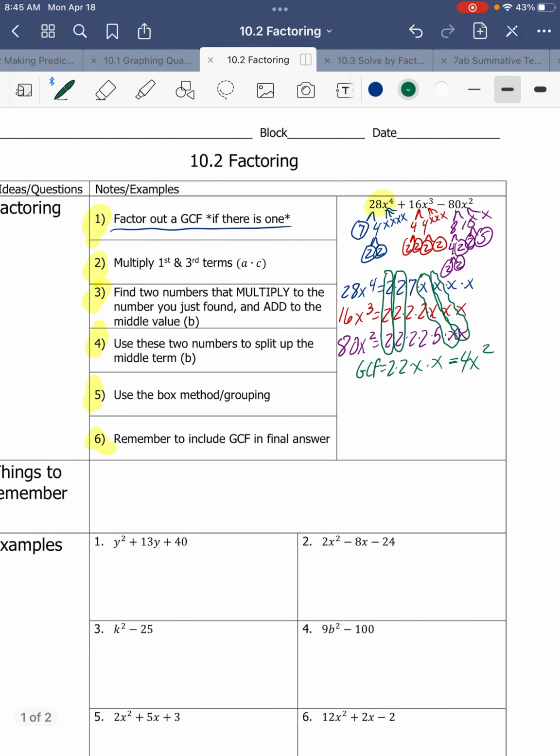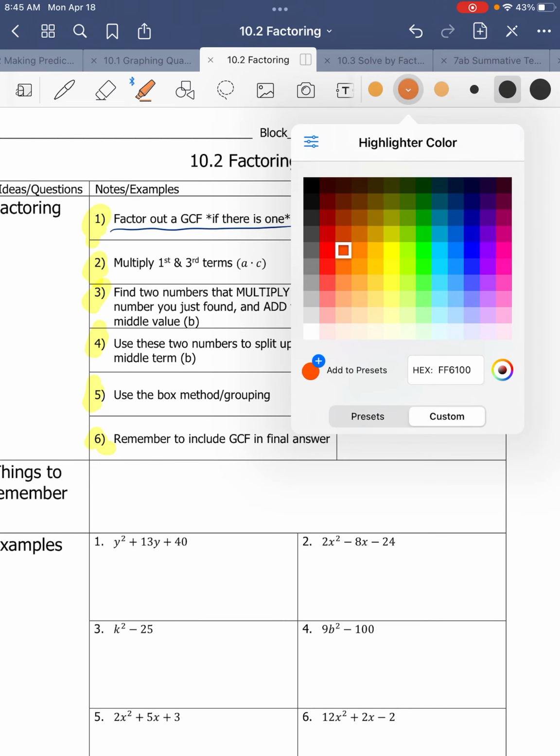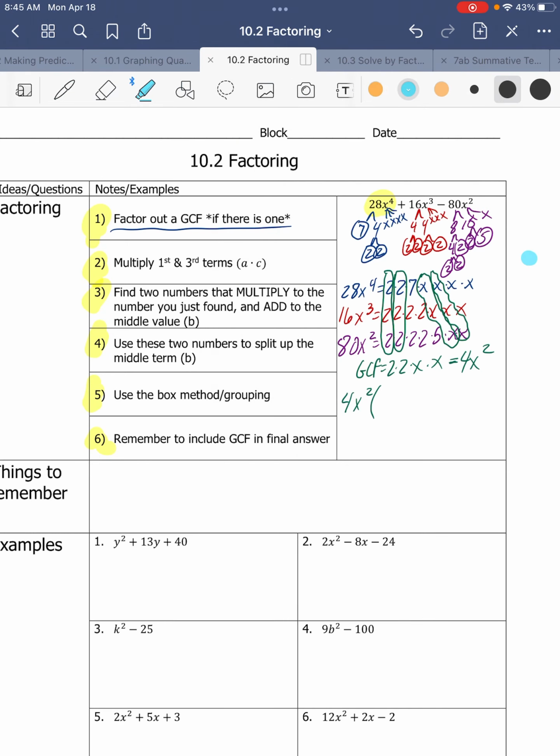Okay, so we're going to divide 4x squared out of each term, putting 4x squared on the outside. What's left is what remains if you divide it out. If I take 4x squared out of the first term, I have 7x squared left.